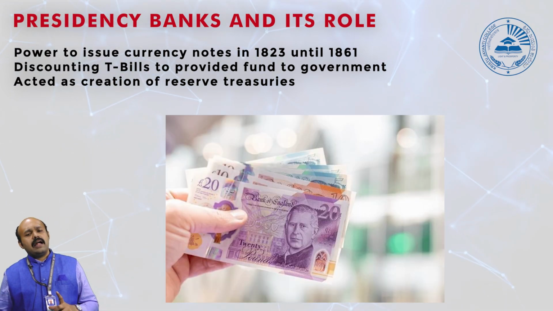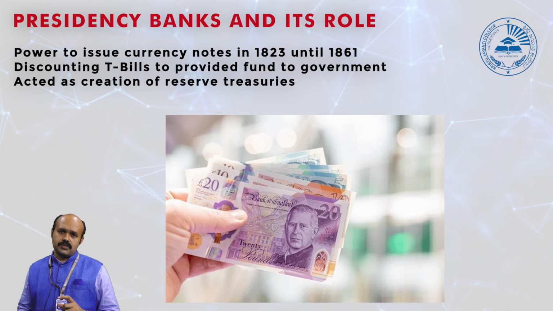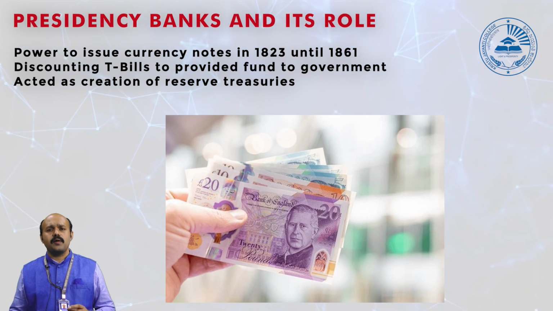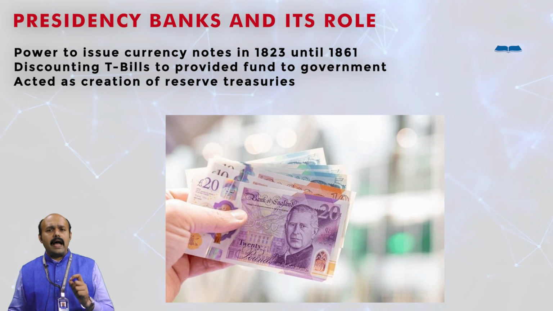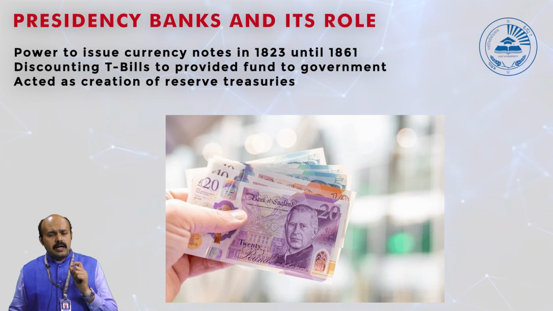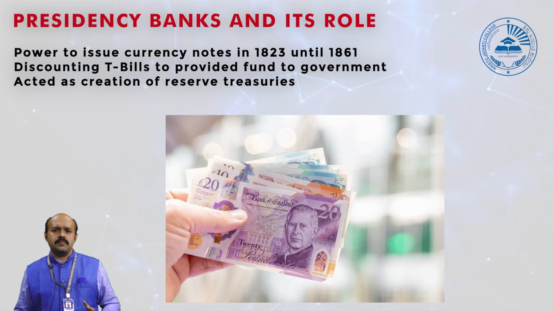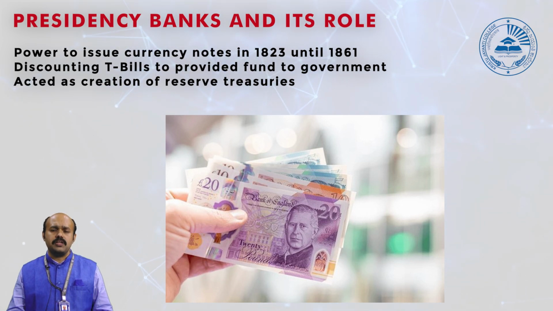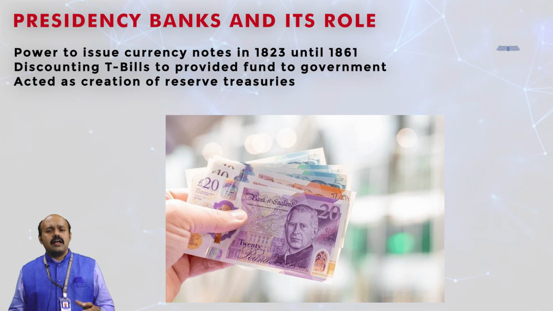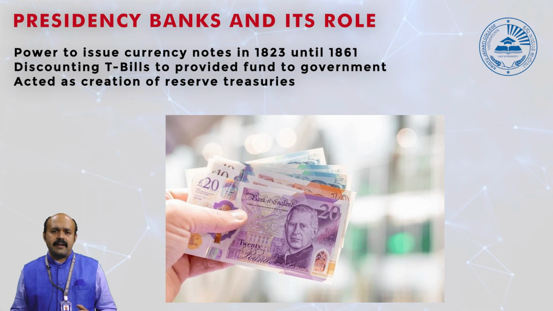And finally, it acted in the creation of reserve treasuries. Now, what are treasuries? You might have heard government employees talk about chest, treasury, all those words. It used to act as the provider of money on behalf of the government. Now, which government was ruling back then in pre-independent times? It was the British East India Company and the monarchy. So for this, there was a need for treasury, and presidency banks acted.